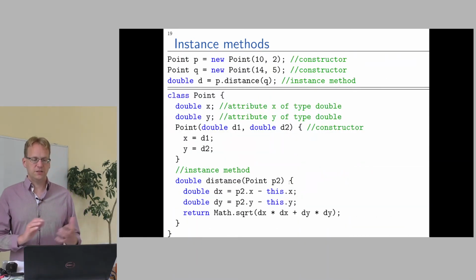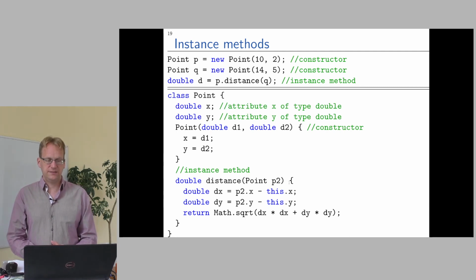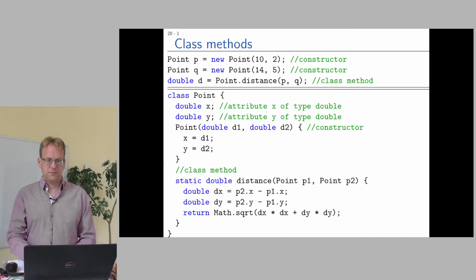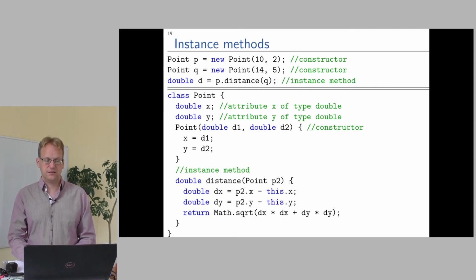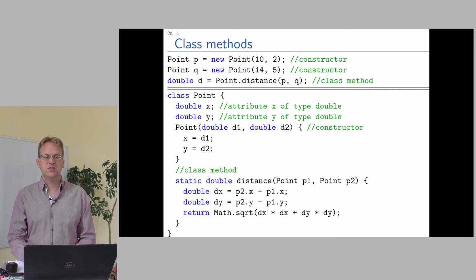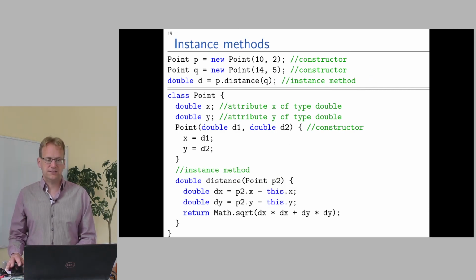Okay, here you can see, well, this is still the instance method, but if I now change the instance method and implement it instead as a class method, you see there's not such a big difference. Of course, you see already here the difference in how I'm calling the method.